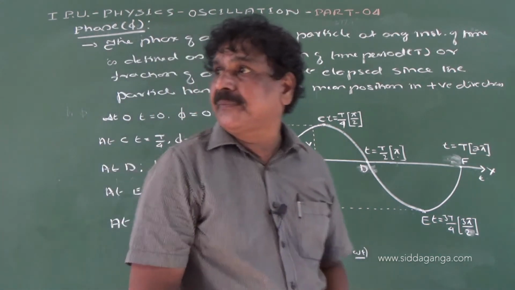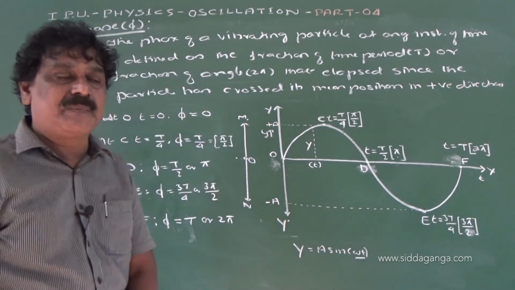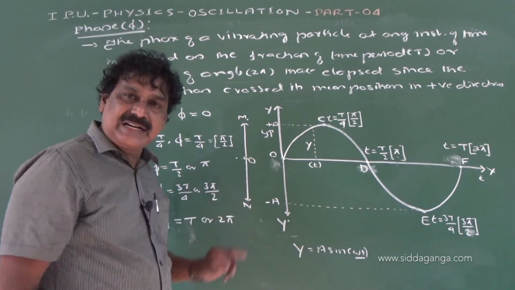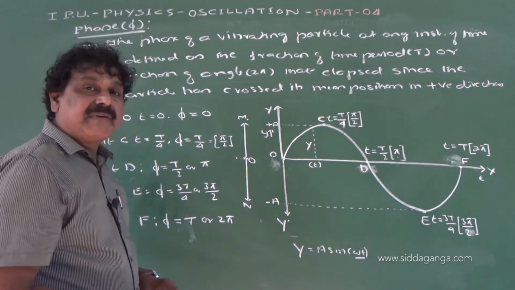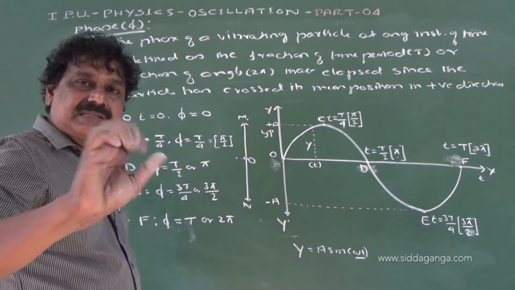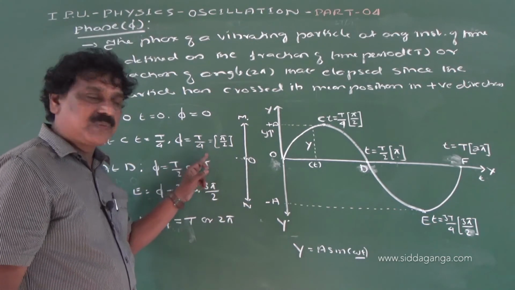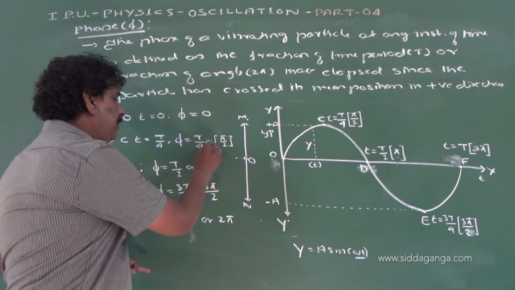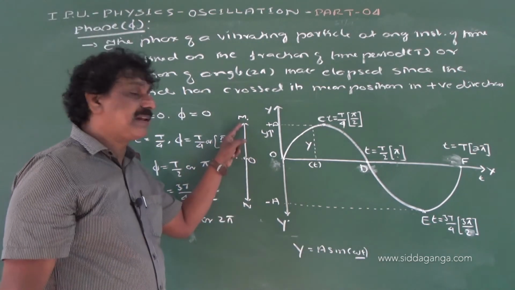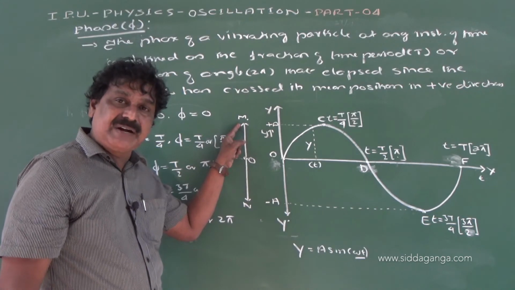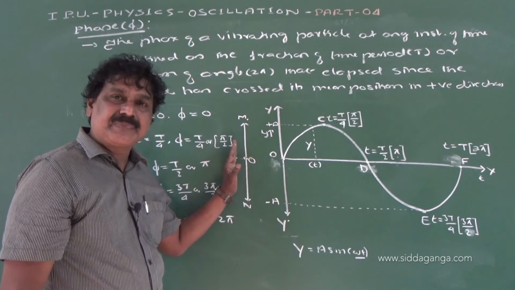When I say that the phase of a particle is 0, the particle is at mean position before starting the oscillation. When I say that the phase of a particle is T by 4 or pi by 2, then the particle has reached its maximum displacement or extreme position in positive direction.